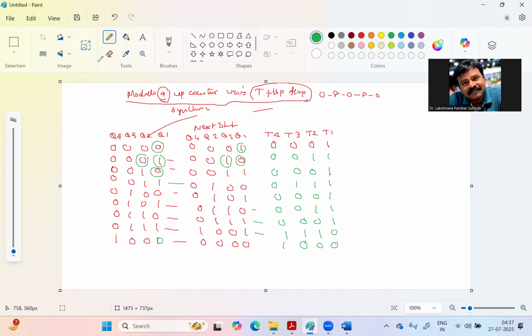Now for this, we have to draw the Karnaugh map. For each T flip-flop input, you have to draw the Karnaugh map to find the equation.